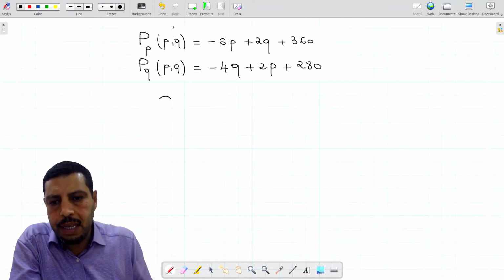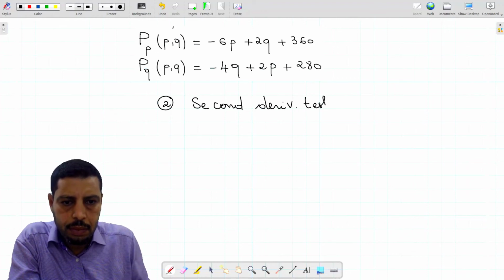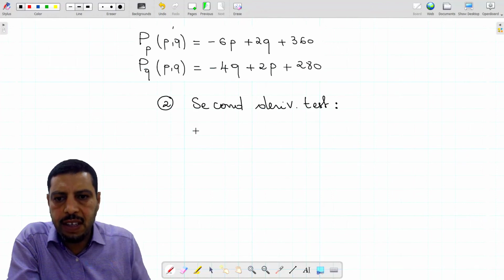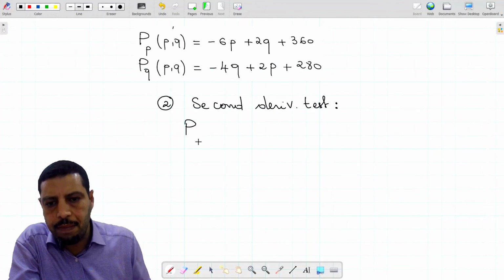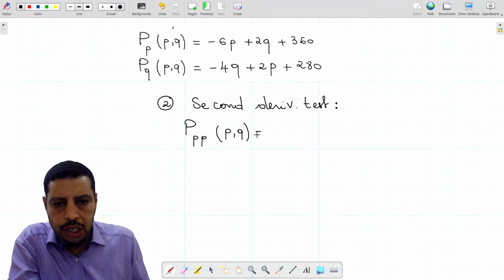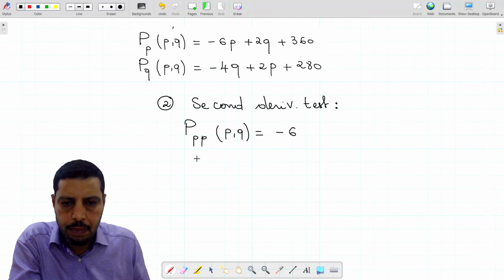So the second step here is to use the second derivative test to check that it's a maximum. I put here the first order partial derivatives to be able to compute the second order partial derivatives. So let's compute P_pp(p,q), which is equal to a constant here since it's equal to -6.